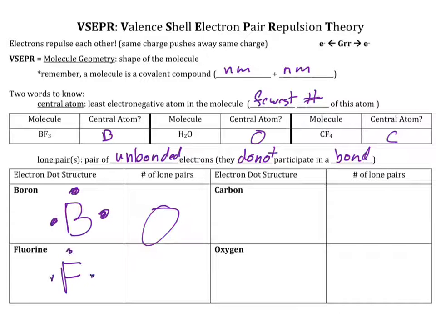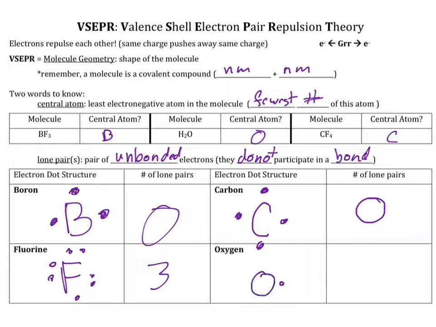In this situation, if you take a look, notice how we end up with 3, 1, 2, 3 pairs of electrons. Now, if we take a look at carbon, carbon has 4 valence electrons. And notice how there's 0 lone pairs.